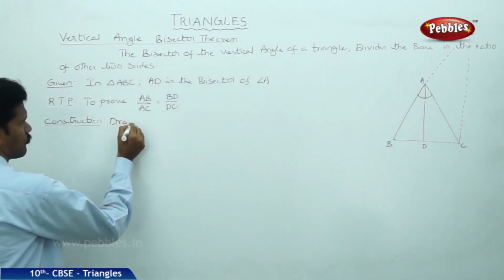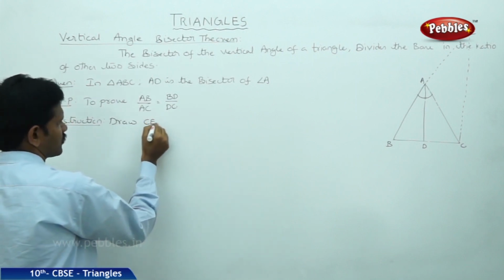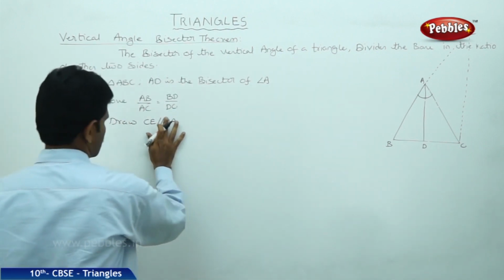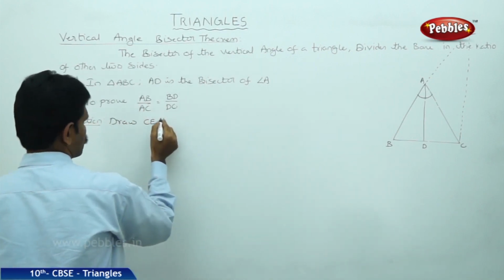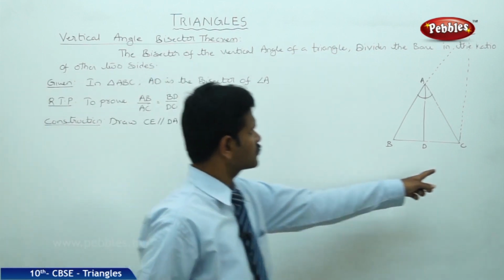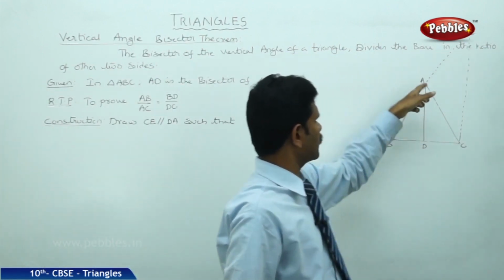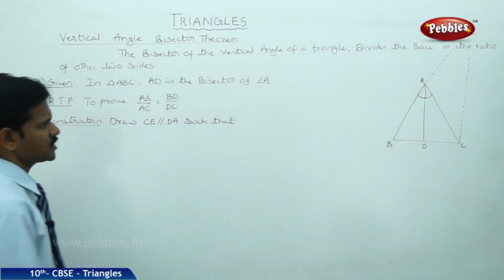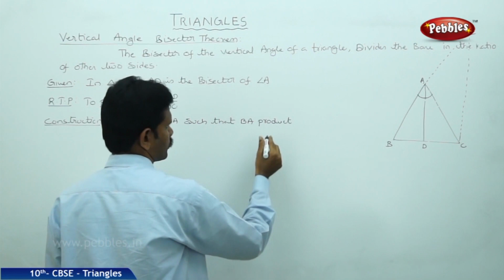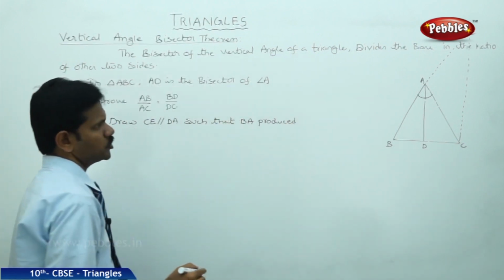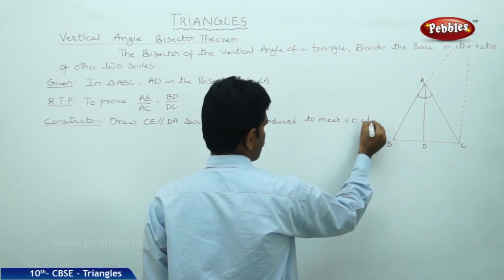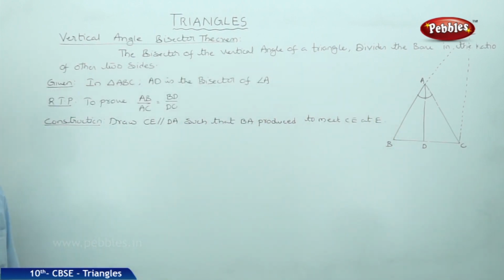Construction: draw CE parallel to DA such that BA produced meets CE at E. This is the construction.